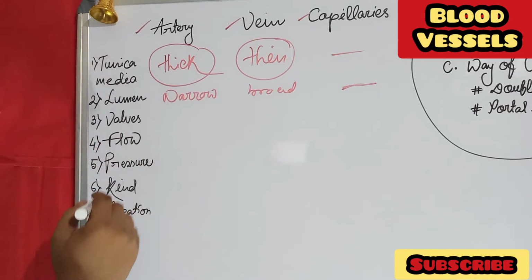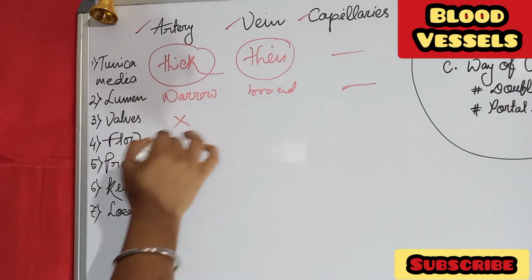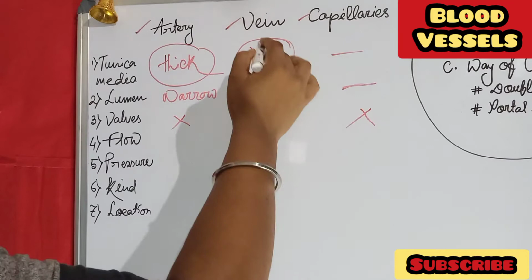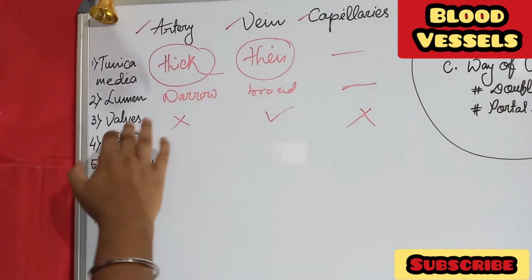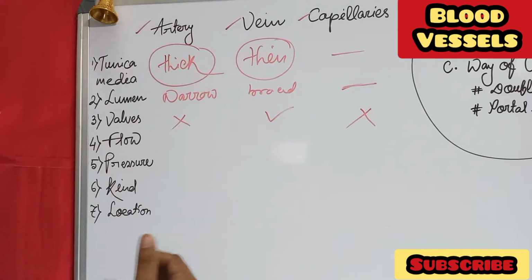Now valves. In arteries the valves are not present, but in the veins valves are present. Why is this? This is because in the vein the blood flows at relatively less pressure. That's why these valves resist the blood from flowing back.